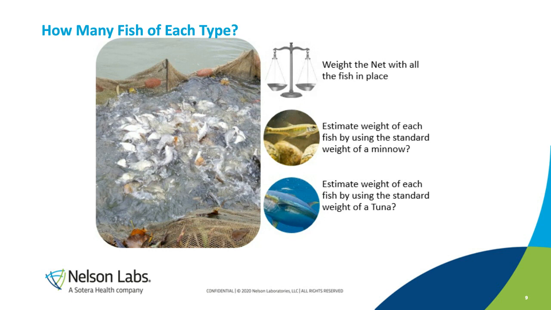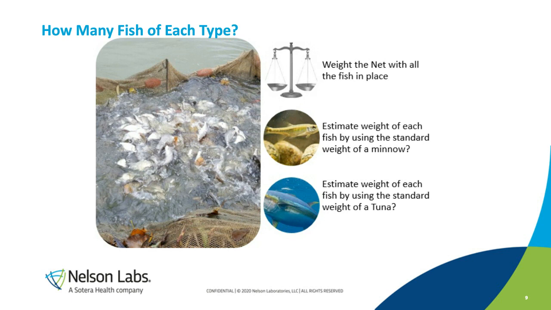And depending on which one you pick, you're estimating the weight of each fish. But obviously, if you choose the minnow versus the tuna as your standard of weight, it's going to drastically change the estimate of each of the fish. So you got to be careful. With a targeted fish, you can weigh that fish that you have and know exactly this, because it's always going to be tuna. You know by the standard weight of tuna about how much tuna you have.